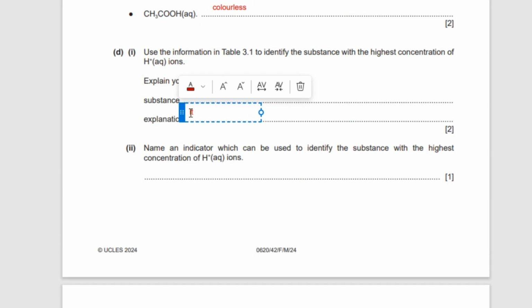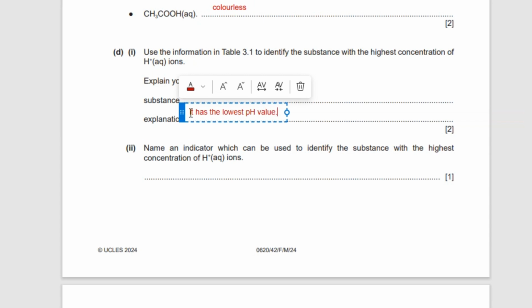Okay, so your explanation: it has the lowest pH value.